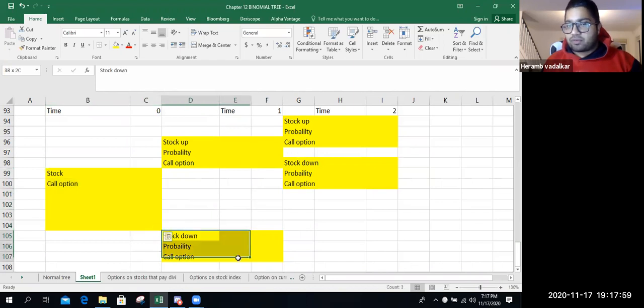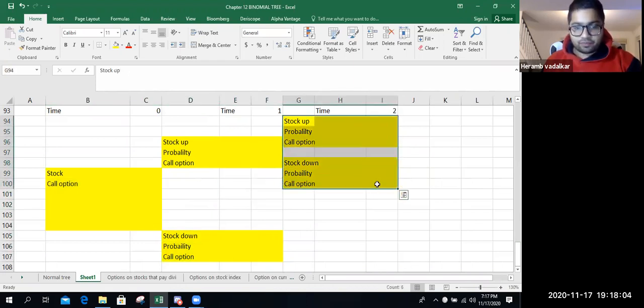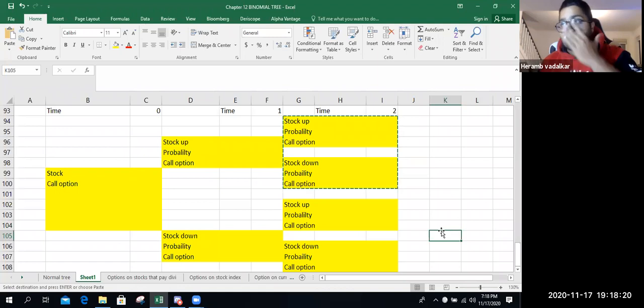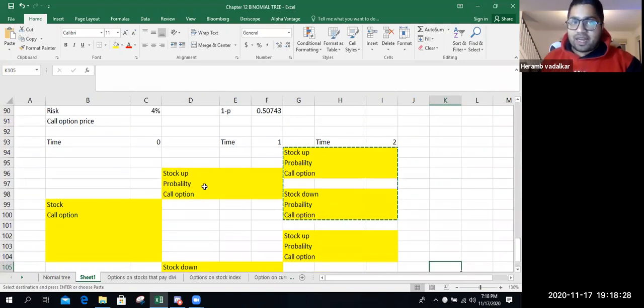Stock moves down, it can again move up and move down. So this is a two-stage model. So you have additional steps. So you have to create a tree like that, then start filling up.